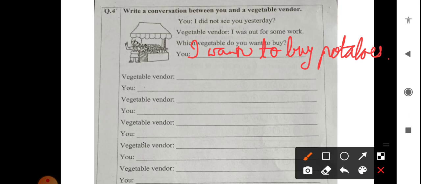This way you can continue. Okay children, you need to write this on your own. Just think you have gone to the market to buy vegetables and think what the vendor will say to you and what you will respond. So you think and then you write it.